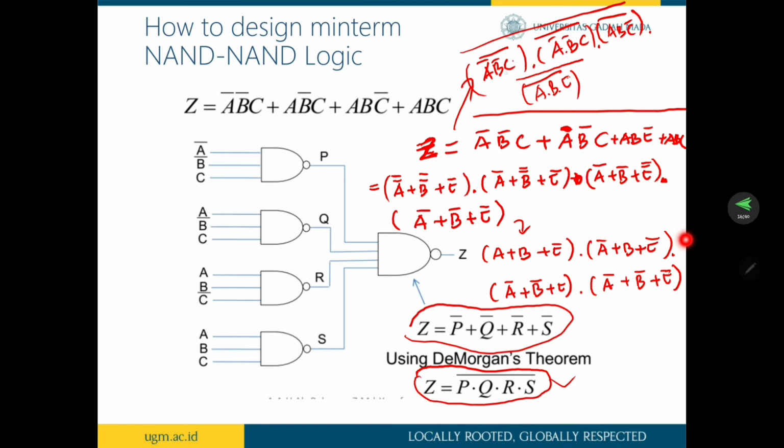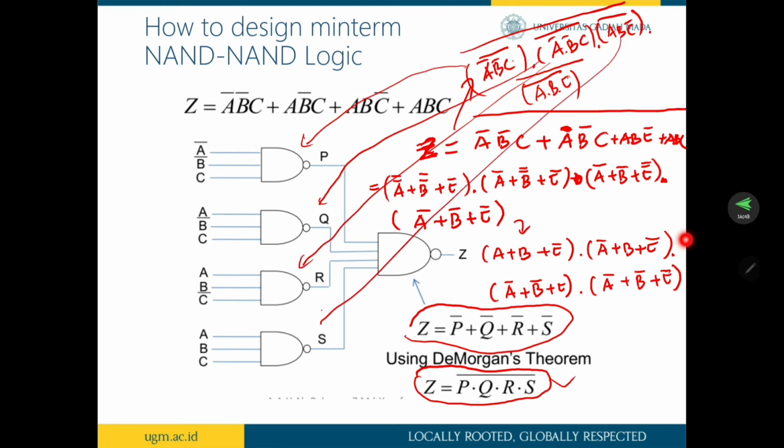So we can do every term using NAND, and then we not again, because the expression is Z not, and we not again, so we get the original Z. If we do NAND not again, the output of every NAND in here becomes an input for the NAND gates. Okay, this is to design the minterm using NAND and NAND logic.